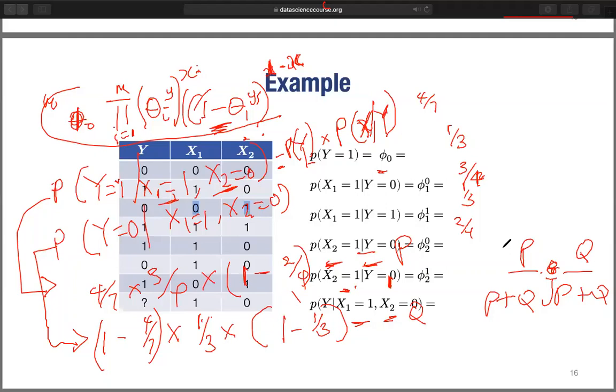Two of them might be close to 50. Is anyone calculating, or should I just move on? Okay, seems like no one is calculating.